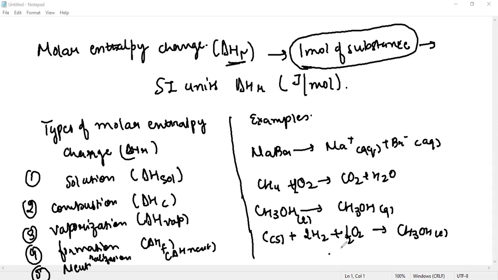For example, NaOH plus H2SO4, a base reacting with an acid. And then what you have is Na2SO4, and then you have water here. I'm not balancing it. You can try balancing it on your own. This is just to give you an idea of how different molar enthalpies for different reaction types look.